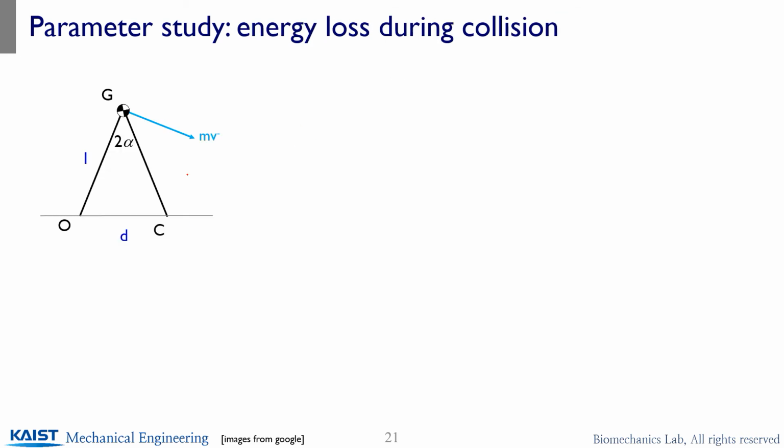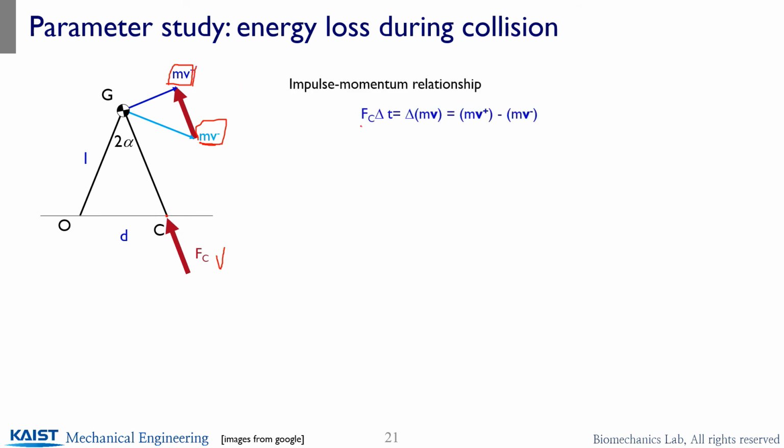We can find the answer by analyzing the energy loss during collision. When there is a before-collision velocity mv minus, and a collision force is applied at the contact point, your after-collision velocity will have this vector impulse-momentum relationship. The impulse applied is the same as the vector change of the linear momentum, which is mv plus minus mv minus.